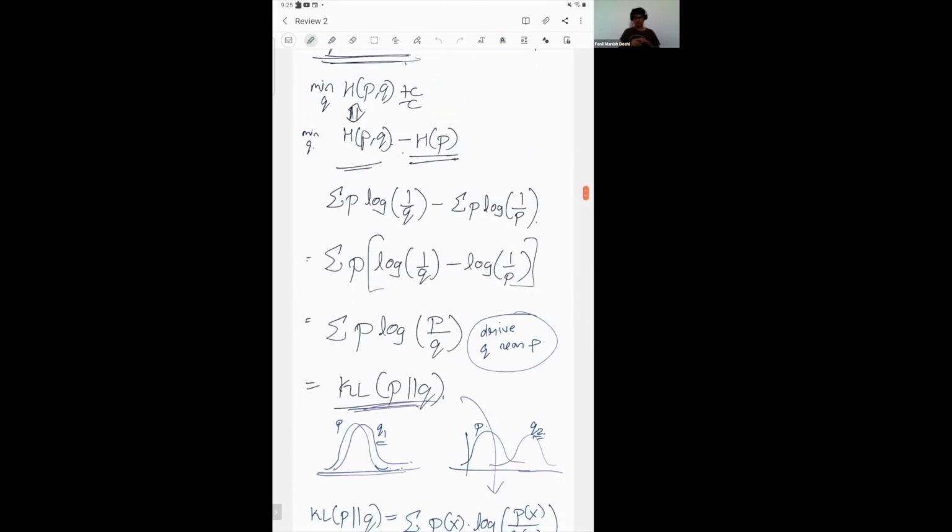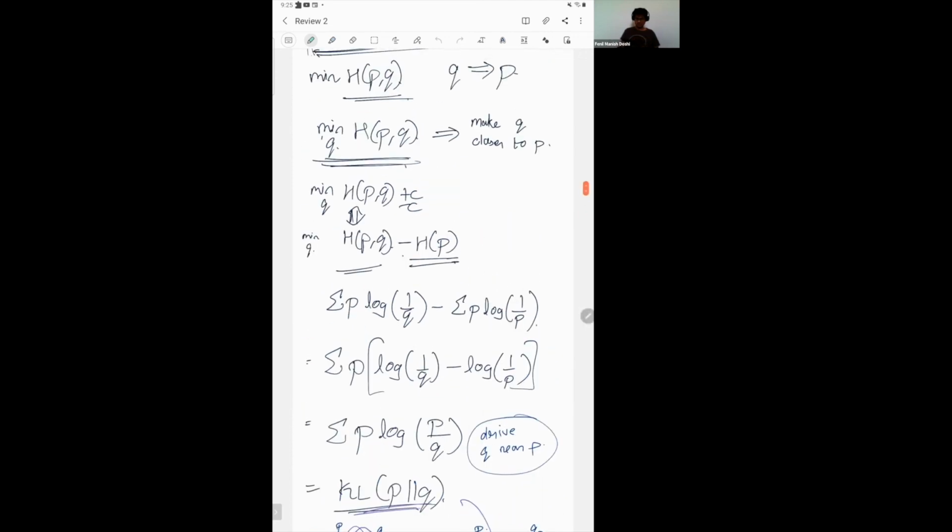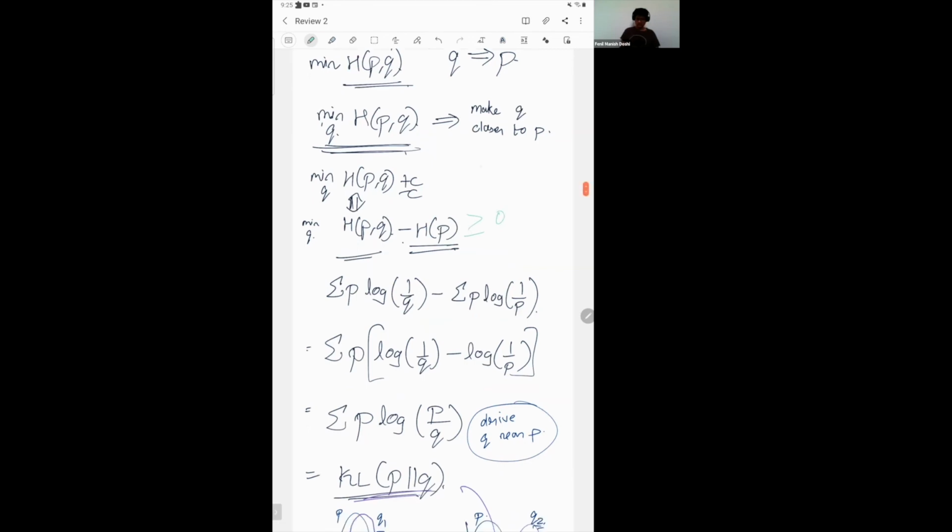If we show that KL divergence is positive, then we also show that this thing is greater than zero, which would show that cross entropy would always be greater than entropy. And we know H(P) is simply the entropy.